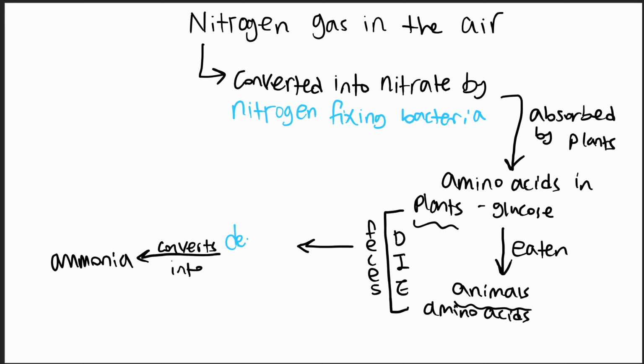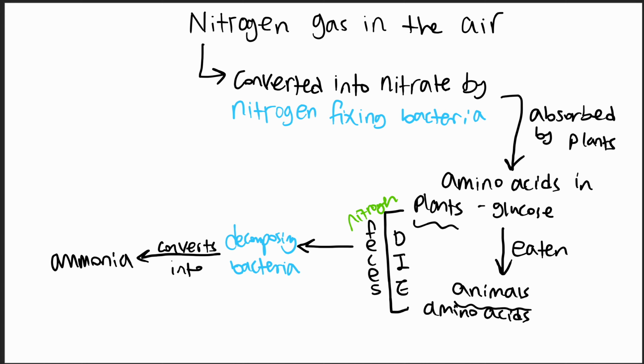So our decomposing bacteria converts these animal corpses, plant corpses and feces, which contain nitrogen, back into ammonia.